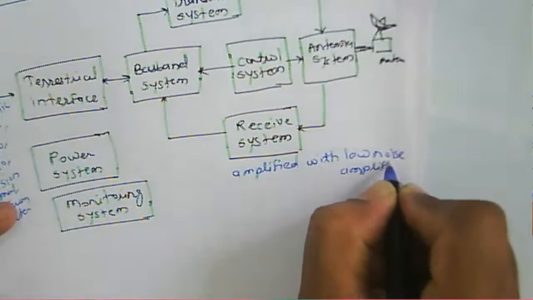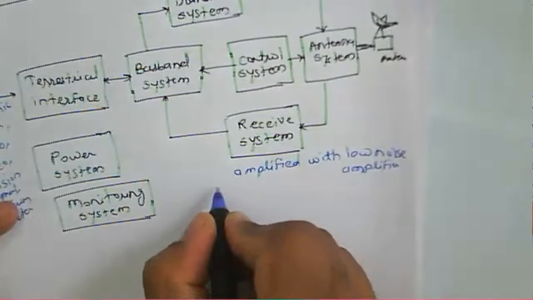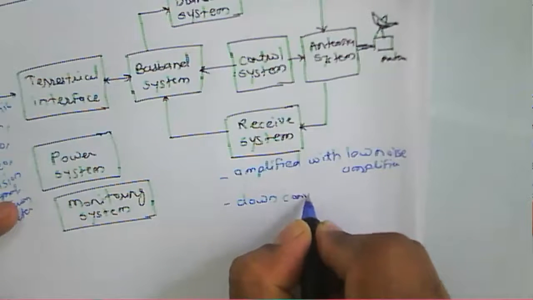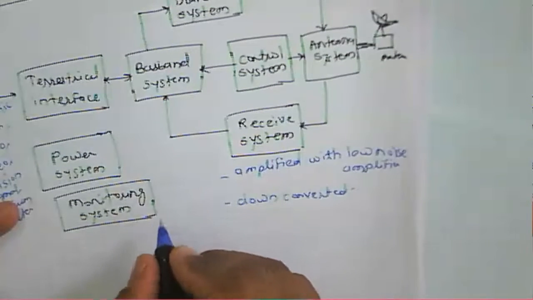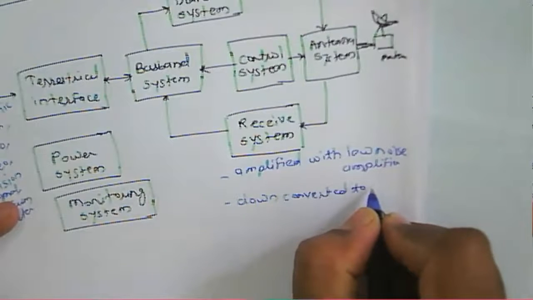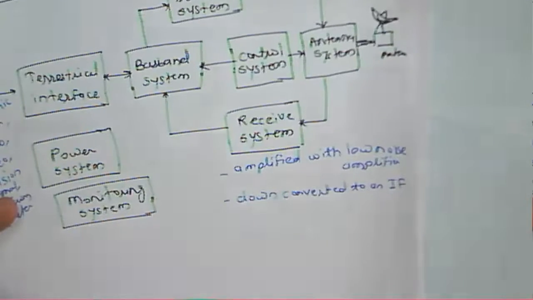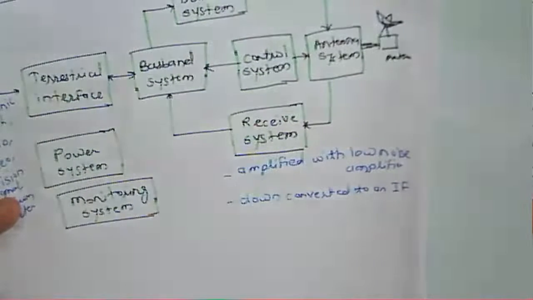That's why we say an LNB here, that is a low noise amplifier, and then there will be a down converter. That signal will be down converted to the intermediate frequency, the IF here, and then it will be sent to the baseband system.